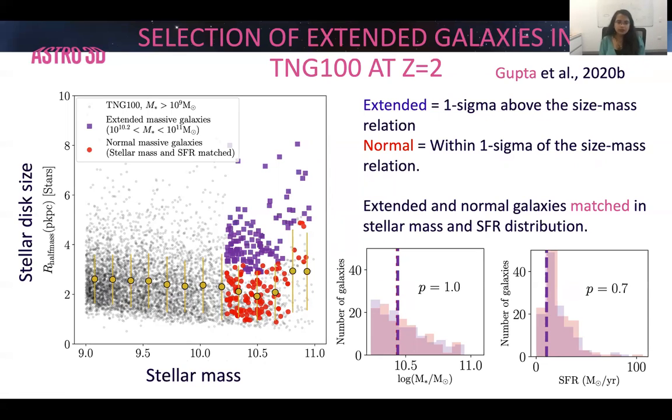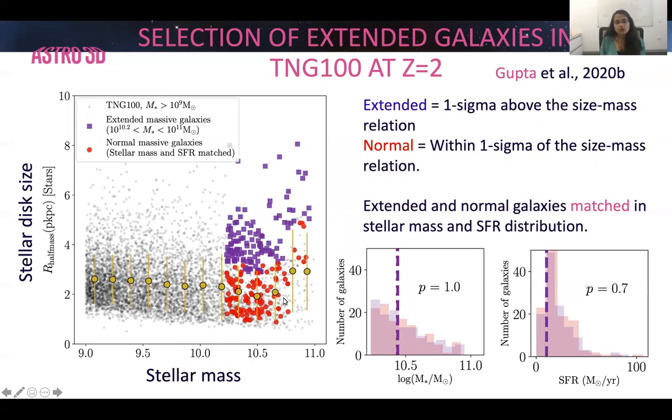We select two populations of galaxies, extended and normal size. Extended galaxies are the ones whose stellar sizes are about 1 sigma above the size-mass relation. For comparison, we select a sample of normal galaxies whose sizes are within 1 sigma of the size-mass relation.